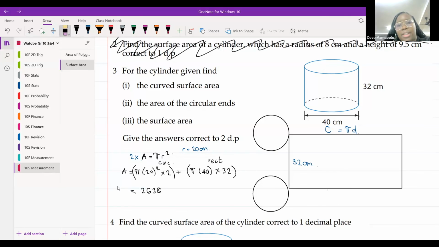Oh, okay. I'm writing the answer for the wrong one. This one is 6,300 and 6,500. Teacher Coco: 6,534.51 centimeters squared. Right. And I'm going to stop talking there because my computer is completely dead.